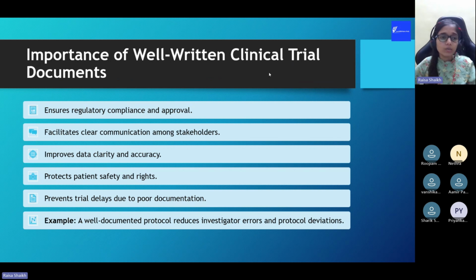Okay. Now, importance of well written clinical trial documents. So those of you who have attended various medical writing webinars and all, writing clinical trial document is also a type of medical writing, right? So it is very important.